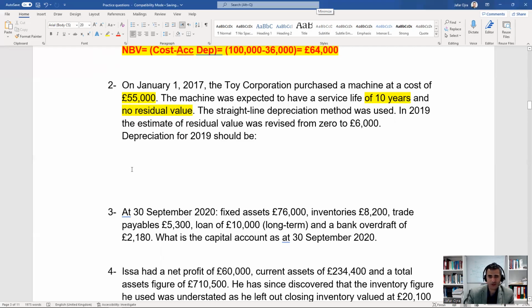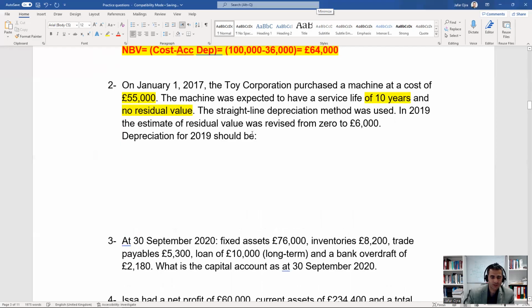If you want to calculate the depreciation charge in 2017, you just need to apply the same formula, which is the cost minus residual value divided by useful life.